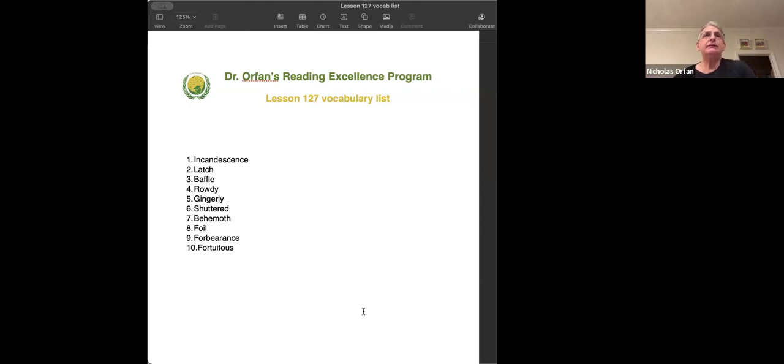So that is a literary term that writers sometimes employ. They write about a main character, and then they have another character that's completely different from the main character, and that character is a foil. Okay, so the word foil has two meanings in different contexts.